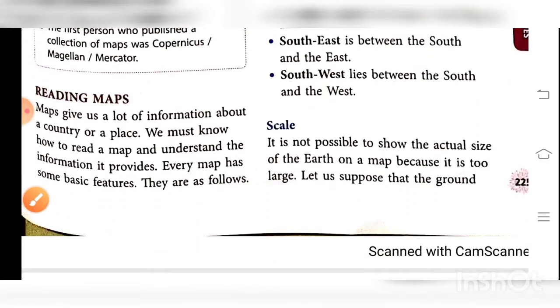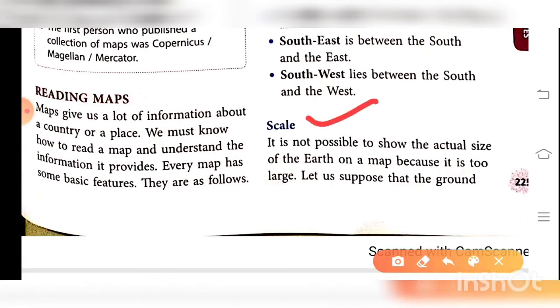Now let's see the next feature, that is scale. Scale is a measurement. It is not possible to show the actual size of the earth on a map because it is too large.